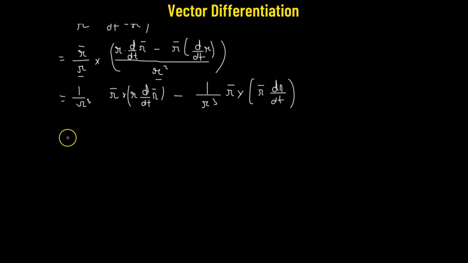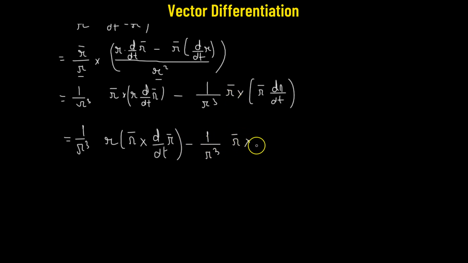So this will be equals to 1 over r cubed. So here r being a constant, we'll pull it out. So we have r vector crossed with the first derivative with respect to t of vector r minus 1 over r cubed times we have vector r crossed with vector r. This is multiplied to dr over dt.